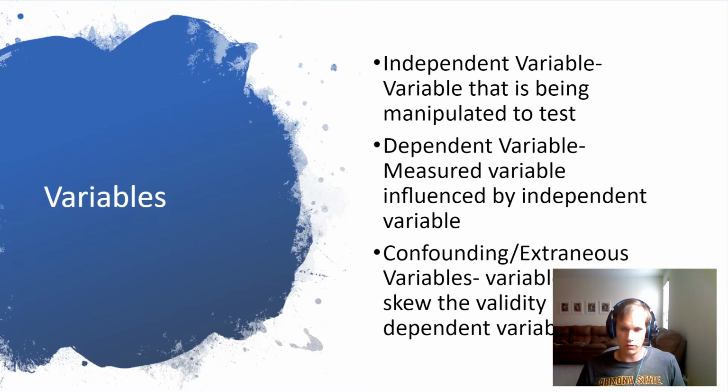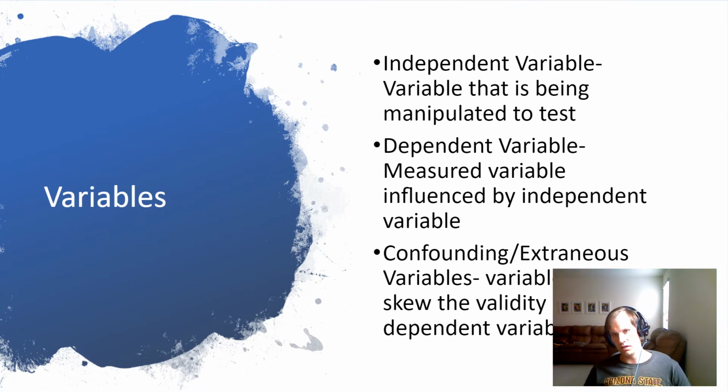Another example: the temperature of the room when kids are taking a test. I'm controlling the temperature. Is it 65 degrees, and then another group of students is taking it when it's 80 degrees. And then my dependent variable is the data I'm getting that's influenced by the change in the independent variable.